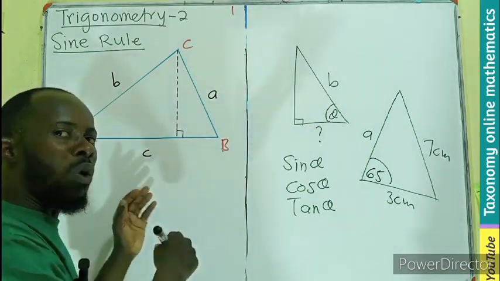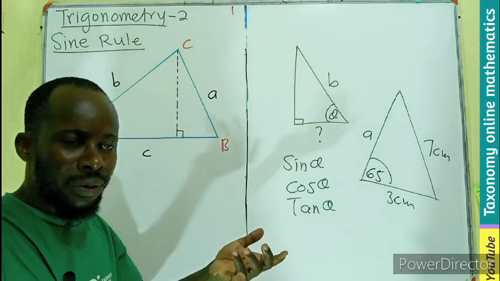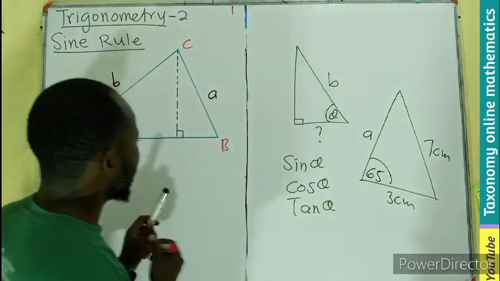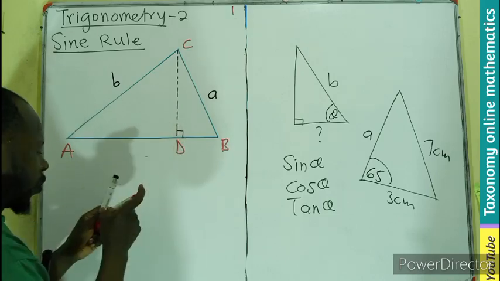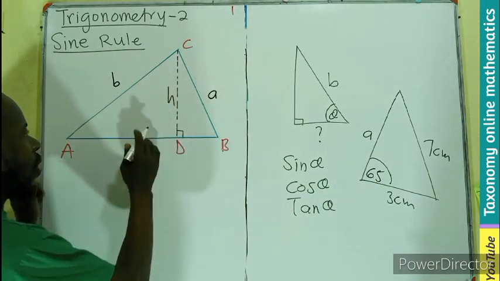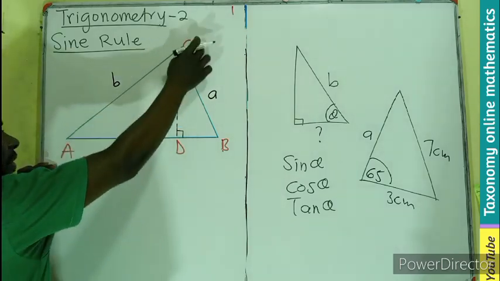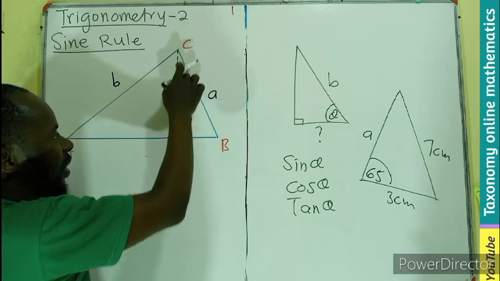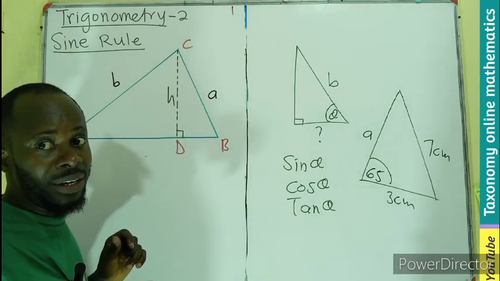And these two parts all have a right angle. So let me put here D. So I'll be having two triangles. This is going to be the height of the first triangle ACD and the height of the second triangle BCD. These are all two right angle triangles.